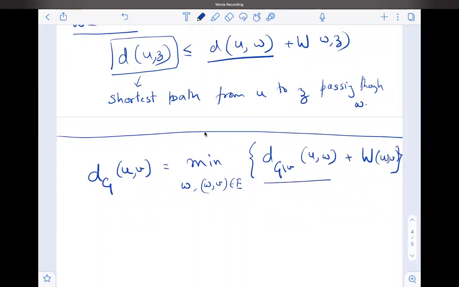And how many of them do I have to do? At most n minus 1 of them. So basically T(n) equals (n-1) times T(n-1) plus, I have to take a minimum, so order n. This is the worst case you can think of.